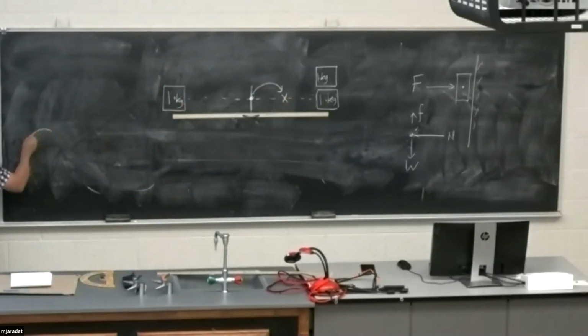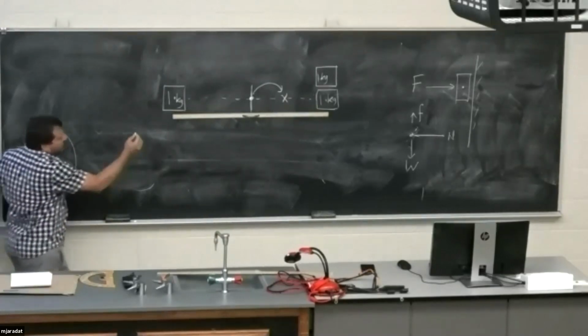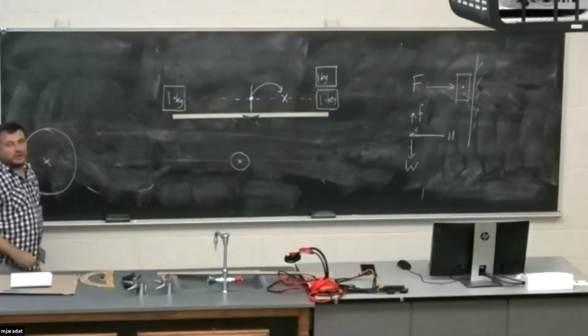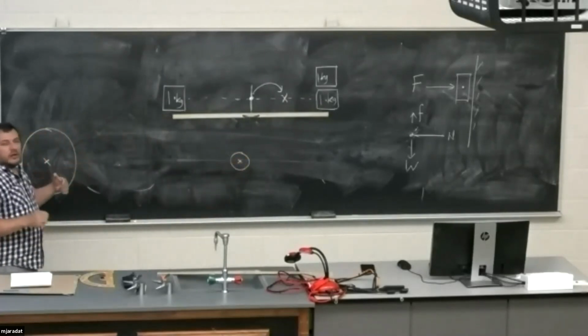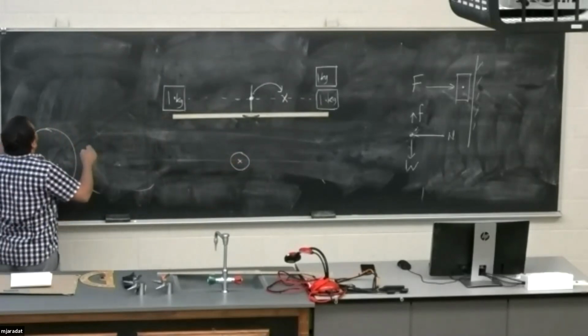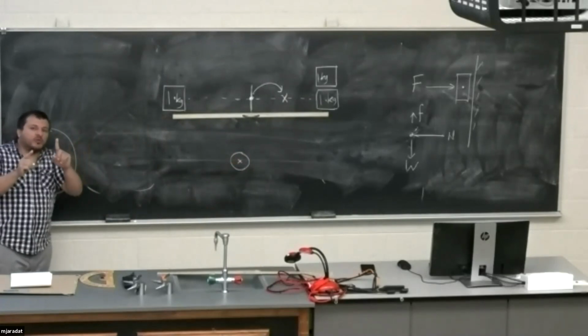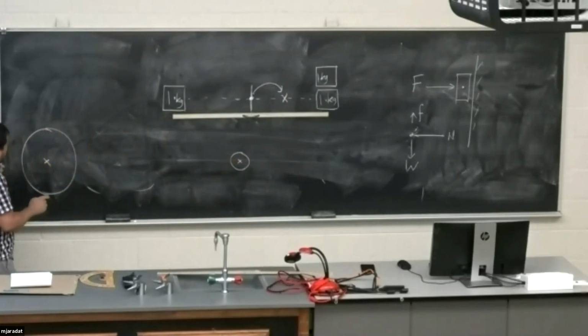If we have the sun, and this is its center, and this is the Earth, and this is its center, note that the Earth doesn't rotate around the sun. It rotates around the center of mass between the Earth and the sun. The center of mass between Earth and sun is very close to the sun's center, because the sun is very huge.